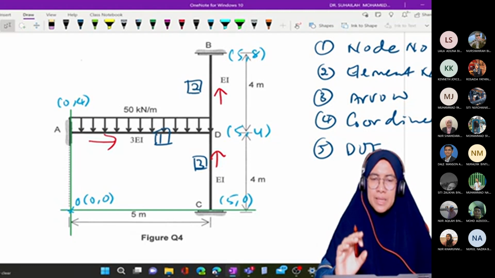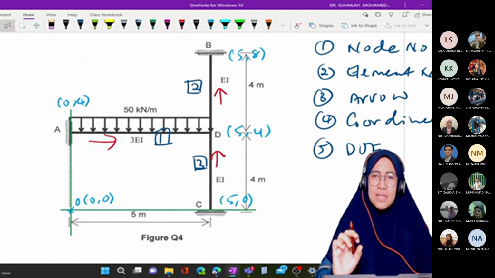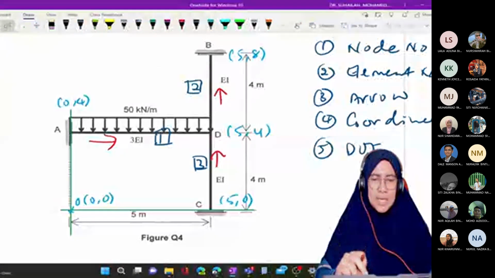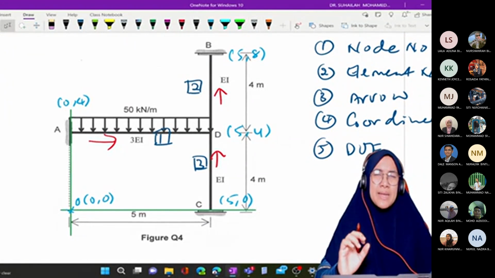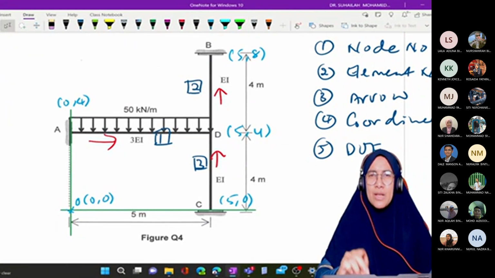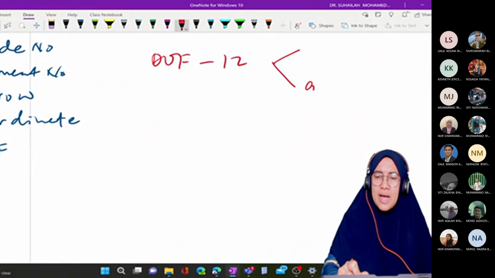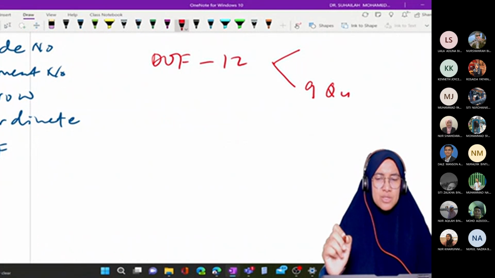Identifying the number of unknown reactions means identifying the supports. From this diagram, we can see that there are 3 fixed supports at A, B, and C, which means there are 9 unknown reactions.